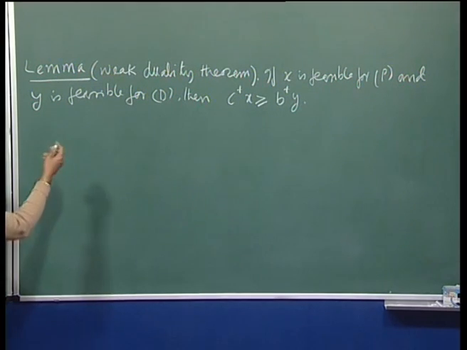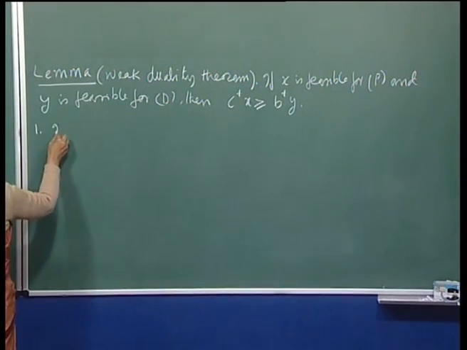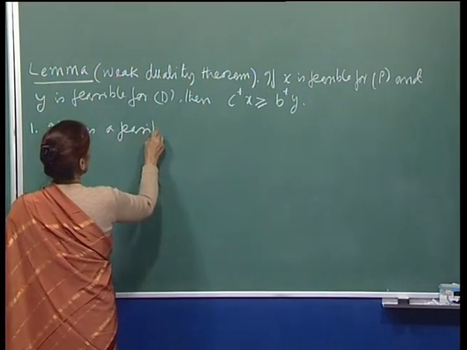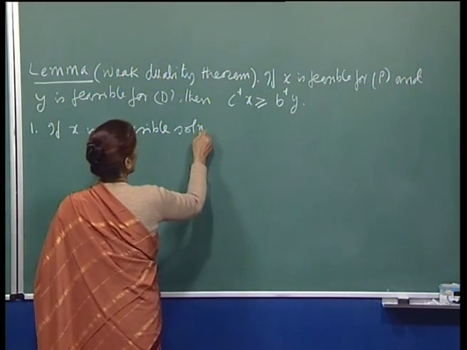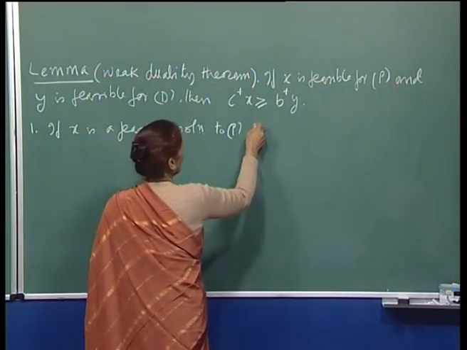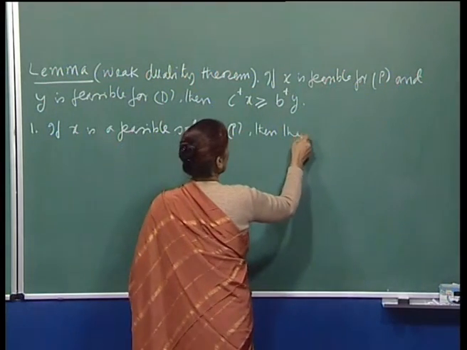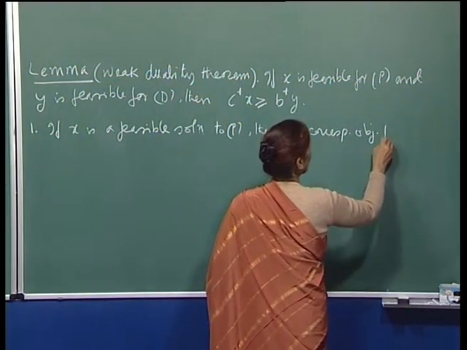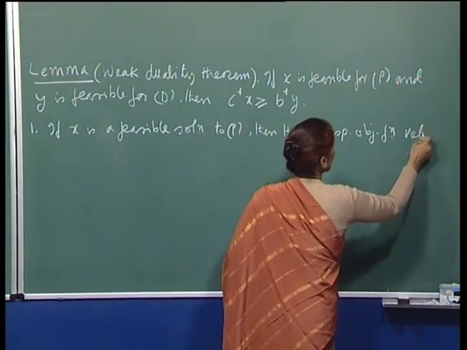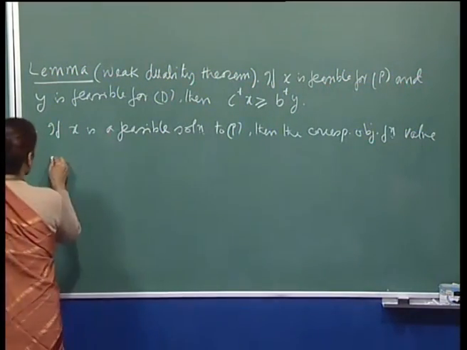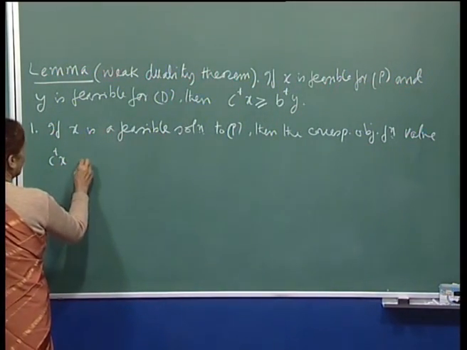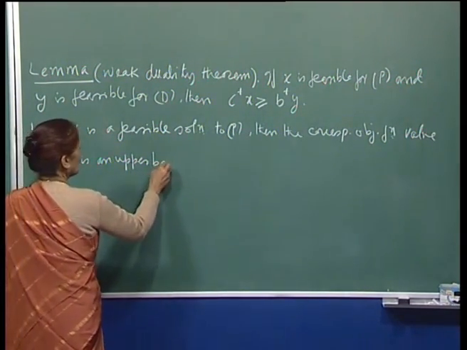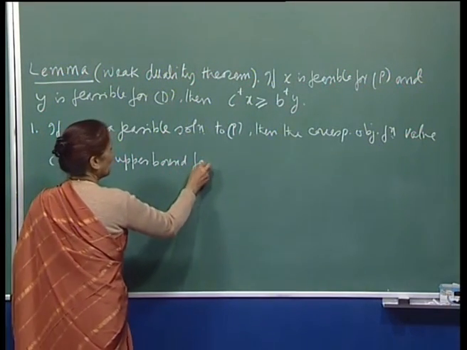Now just see what you can all conclude from here. First, if x is a feasible solution to P, then the corresponding objective function value of C transpose x is an upper bound for the dual objective function.